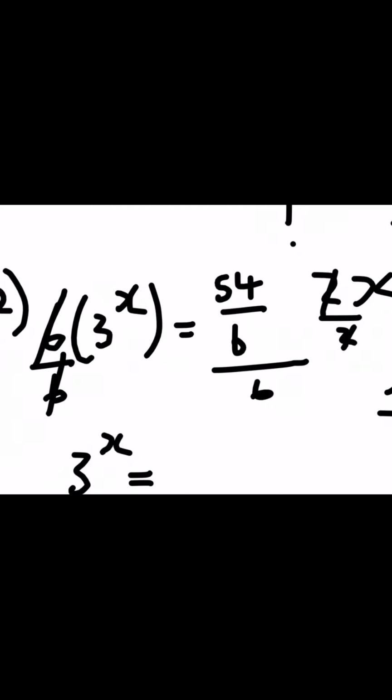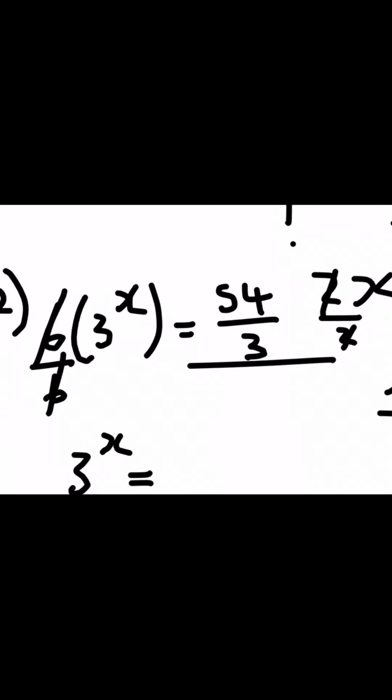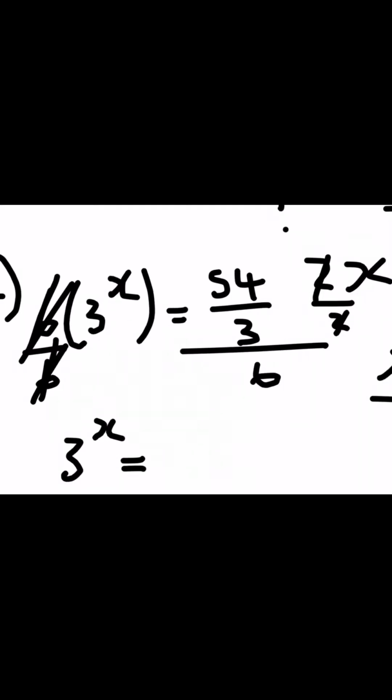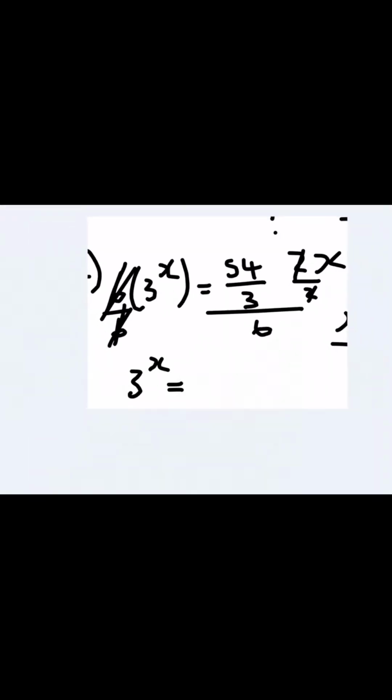So I will just need to erase that and that, and then say 54 over 3. So that means it is the one that I divide by that 6 that is going to cancel on that side. Yes. So when you say 54 over 3 and you divide it by 6, it gives you 3.